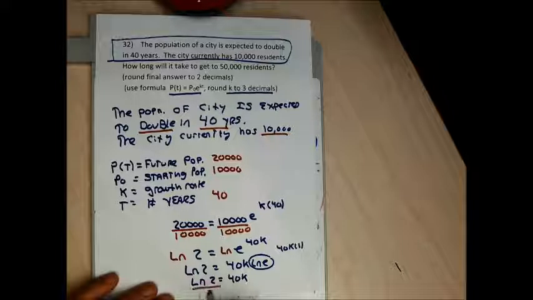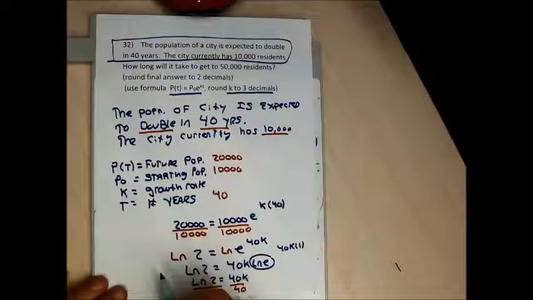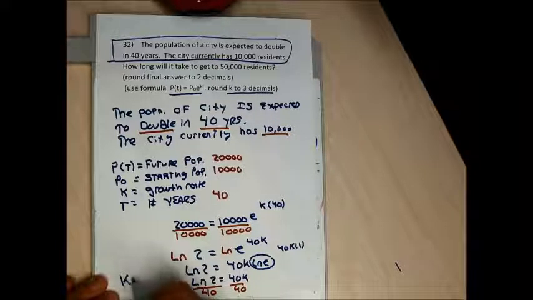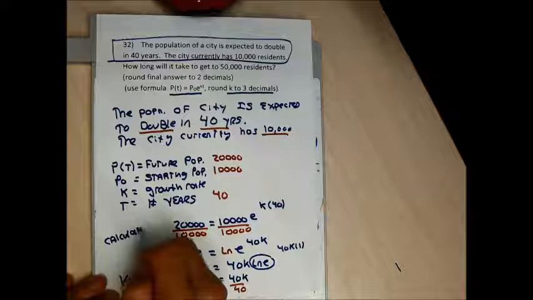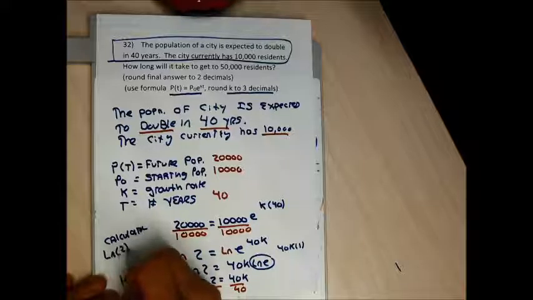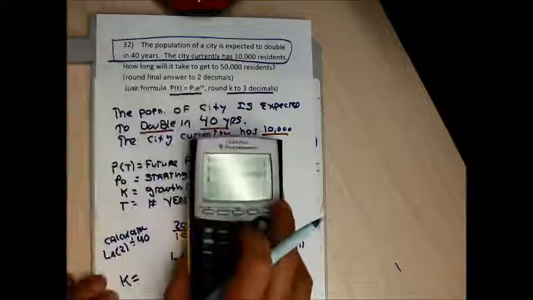I'm going to divide both sides by 40, and this is going to give me a value for k. And I'm going to round to 3 decimals. So whatever my calculator comes out with here when I do the natural log of 2 over 40, I'm going to use for k for the next step of the problem.